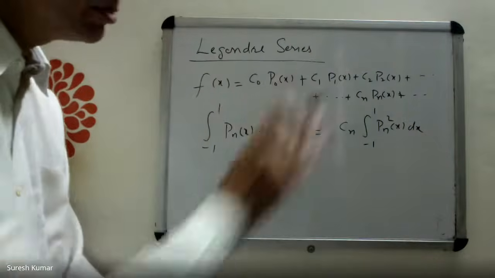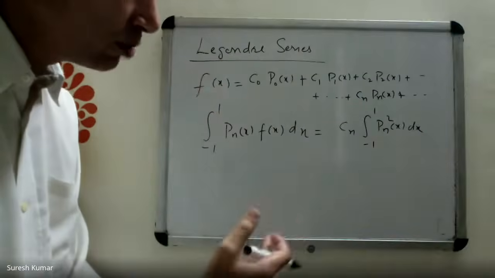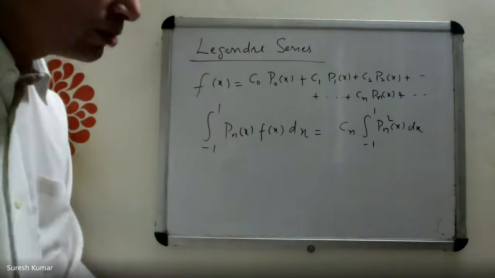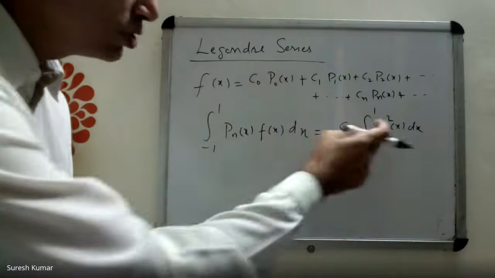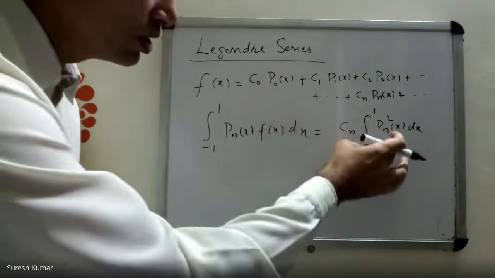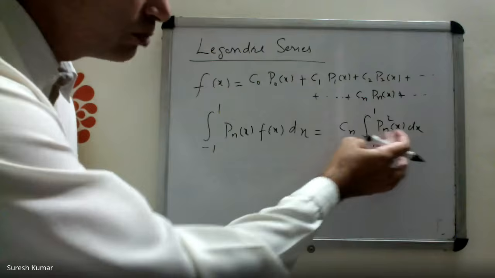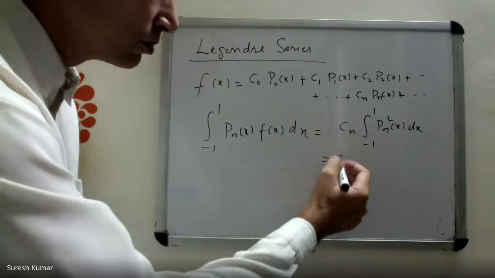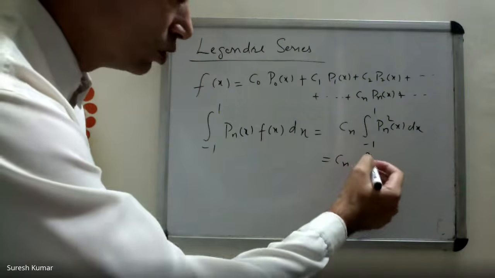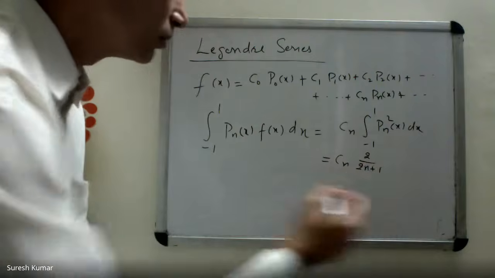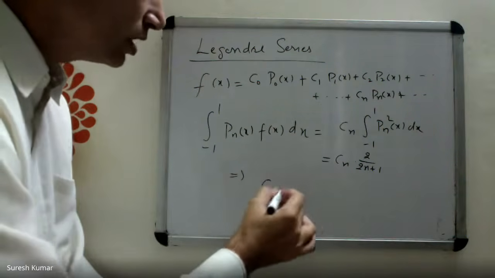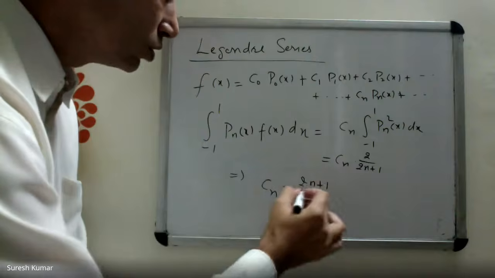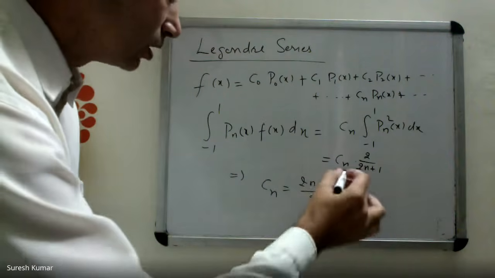Where have the other terms gone? 0. Because Legendre polynomials are orthogonal over this interval minus 1 to 1. So p naught x into pnx is 0, p1x into pnx is 0, only when the Legendre polynomials are the same, you have the answer 2 over 2n plus 1. So it means what is cn? 2n plus 1 over 2 times this integral.